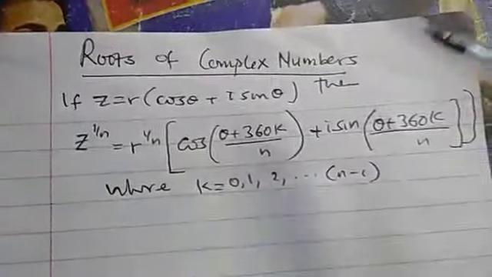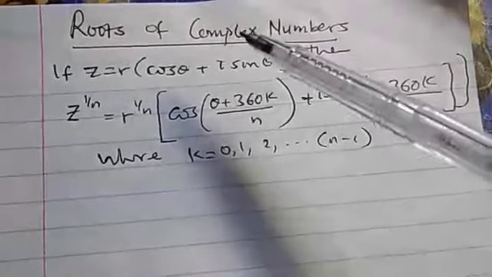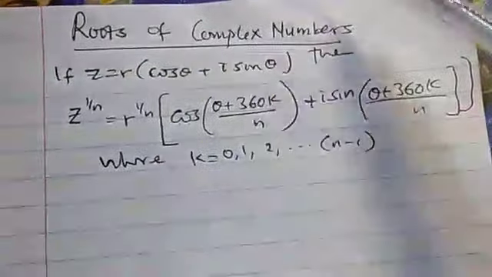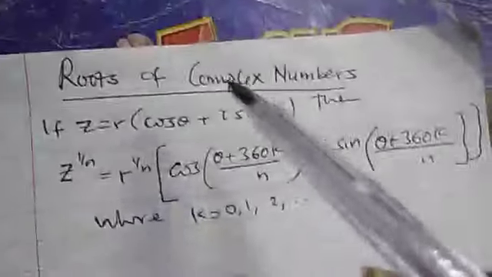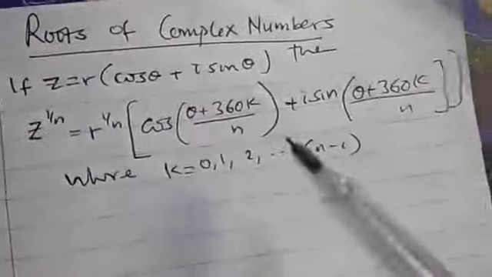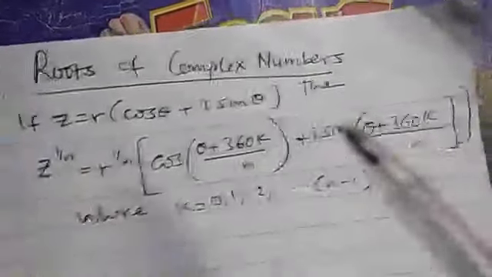Another important concept of complex numbers is roots of complex numbers. That is how to find, let's say, the square root, cube root, and all those things inside complex numbers. And this root is an extension of De Moivre's theorem, because De Moivre's theorem deals with powers.